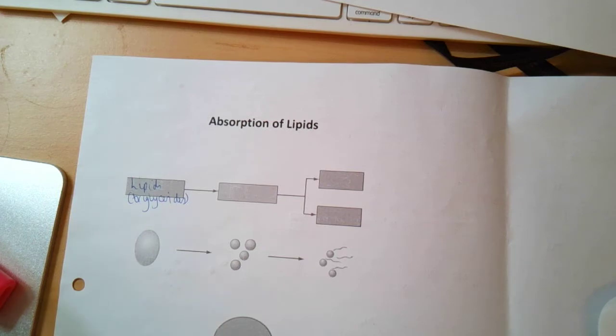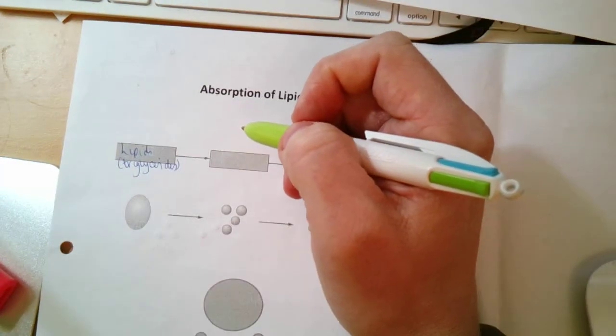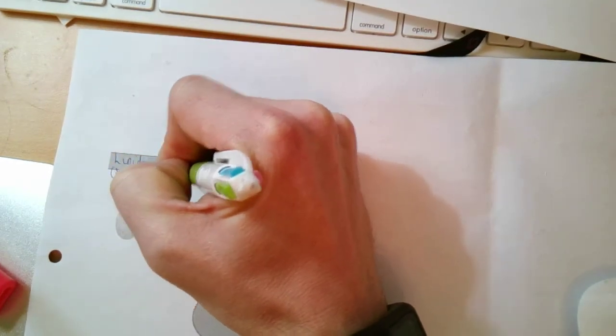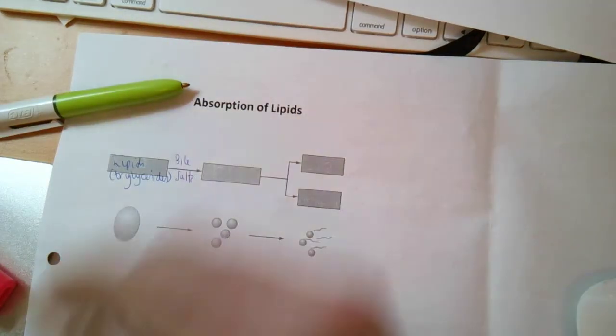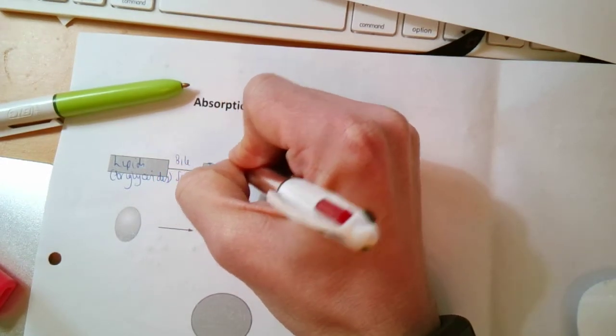So the first thing that happens is, within your pancreas, we produce bile, and bile contains bile salts. And bile salts emulsify lipids. So by being emulsified, they have a larger surface area.